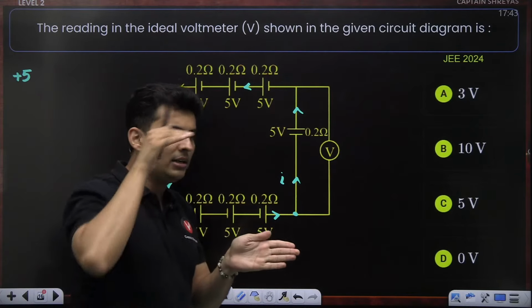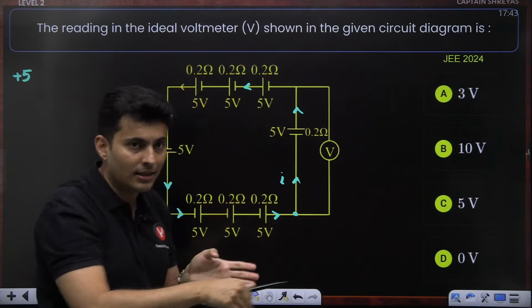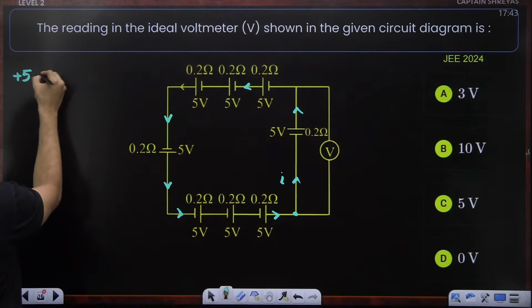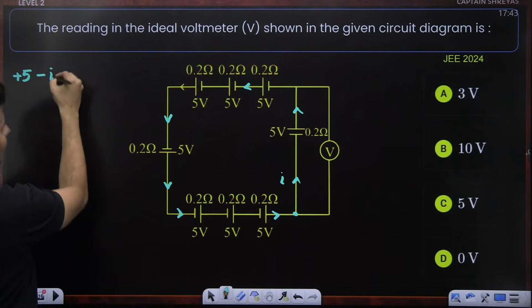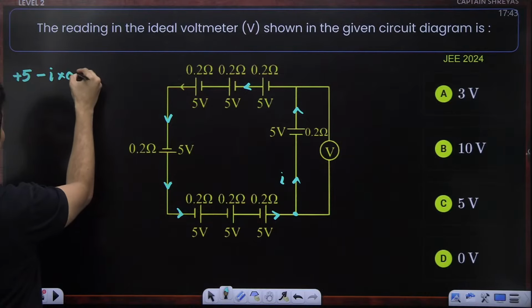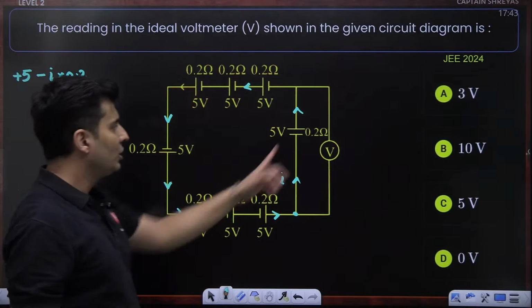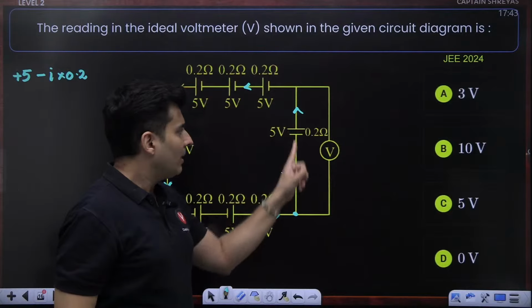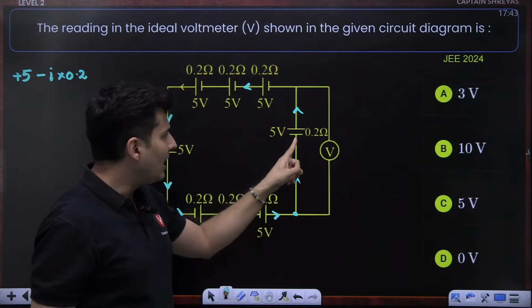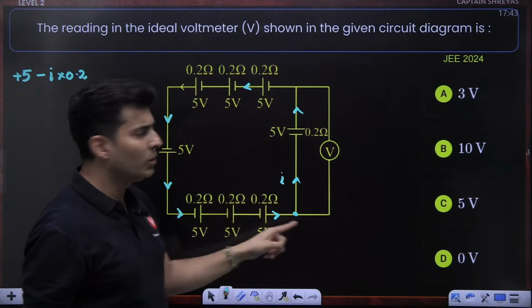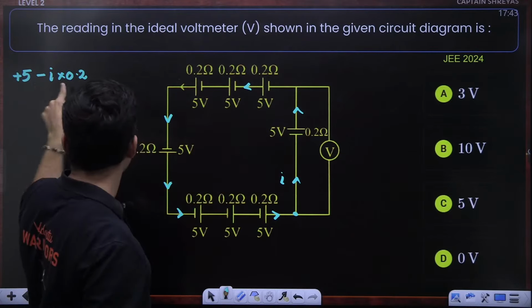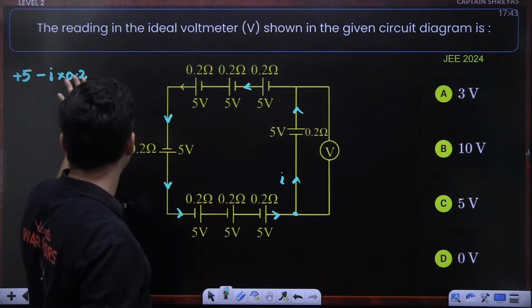In the direction of current, the voltage drops in a resistor, so there should be negative IR. V is equal to IR, where I is unknown and R is 0.2. So there is an increase of 5 volts and a drop of 0.2 into I.